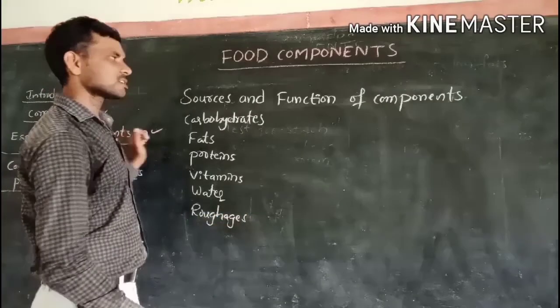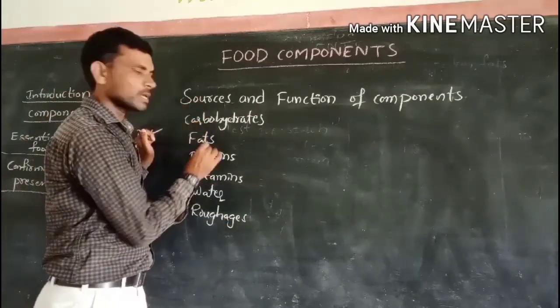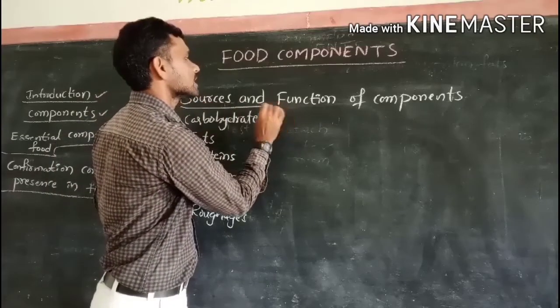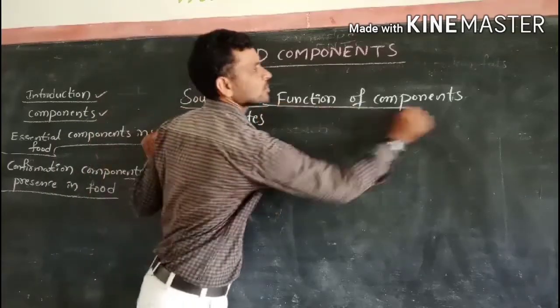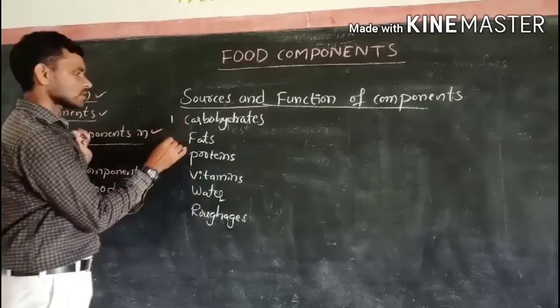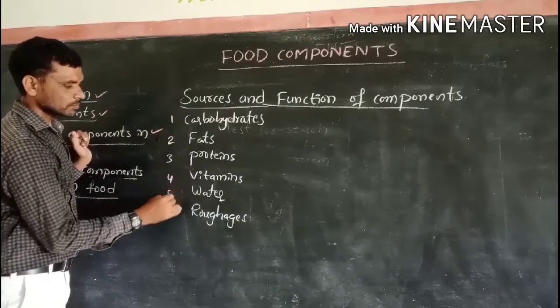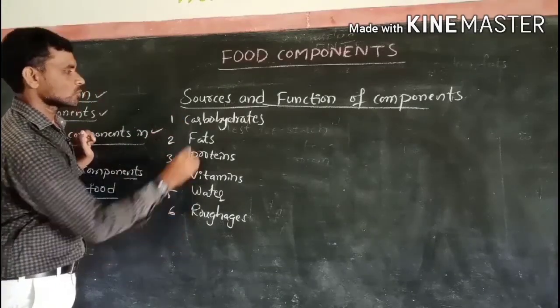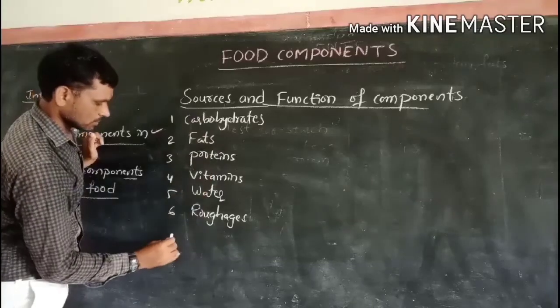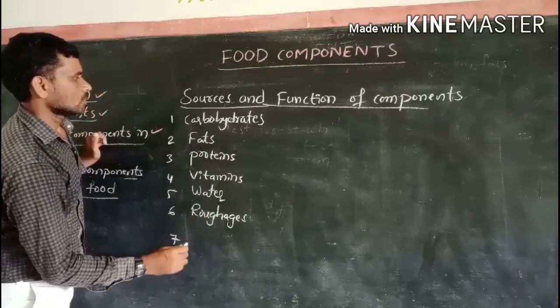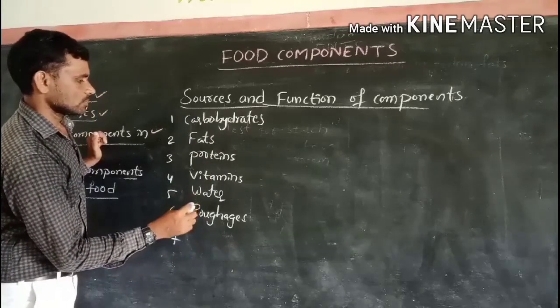So these are the essential components. Our today topic is sources and function of components. So there are 7 components: carbohydrates, fats, proteins, vitamins, minerals.